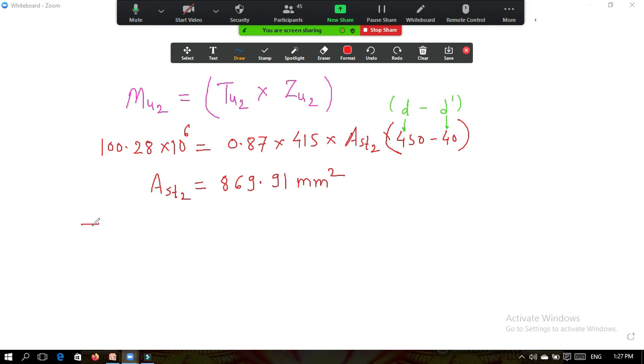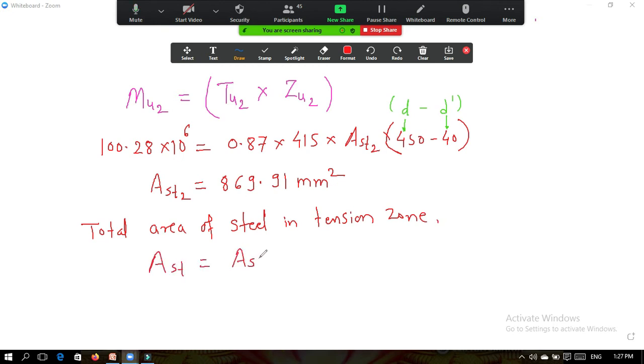So total AST, total area of steel in tension zone. It is AST is equal to AST1 plus AST2.